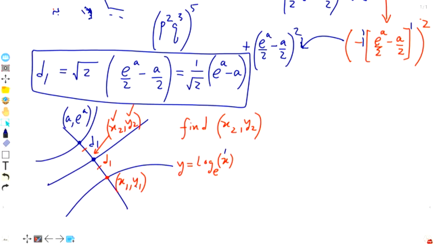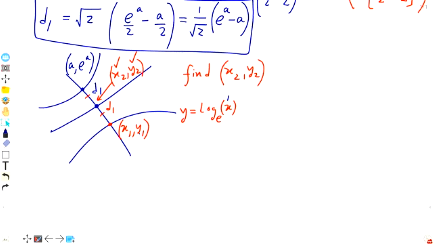Okay, now go over it. To find this, you have to find X1, Y1, right? Can someone tell me what is X2, guys? What is X2?